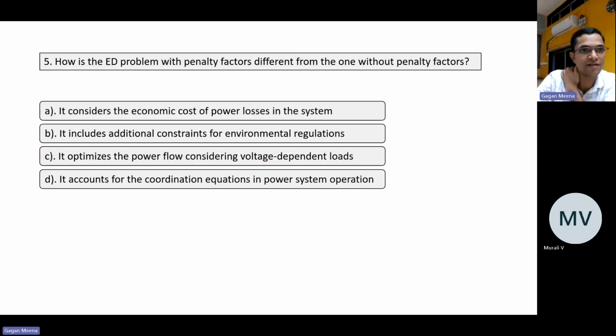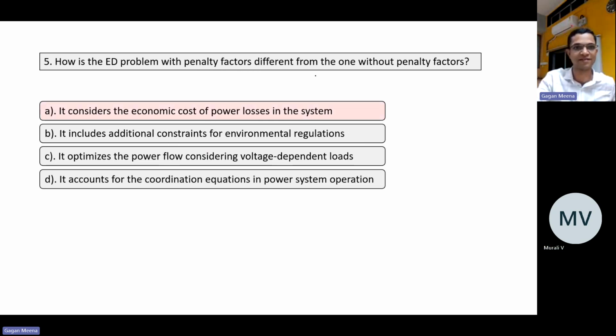How is the economic dispatch problem with penalty factors different from one without penalty factors? It considers the economic cost of power losses.